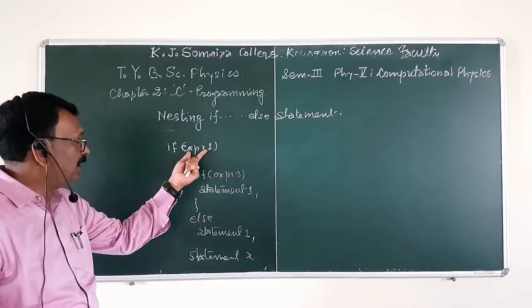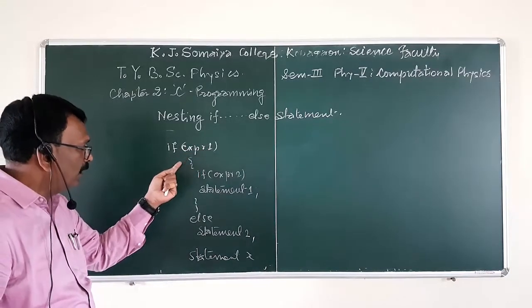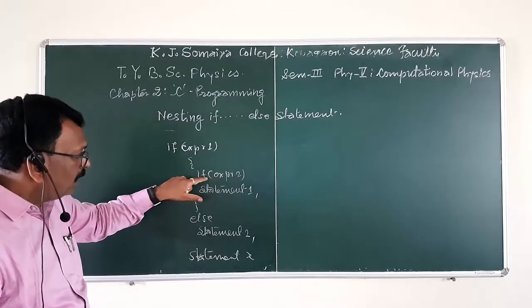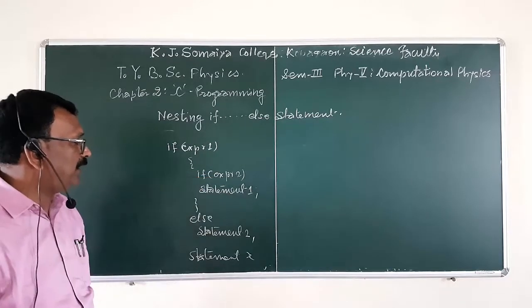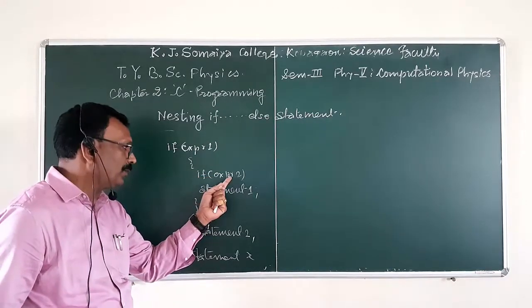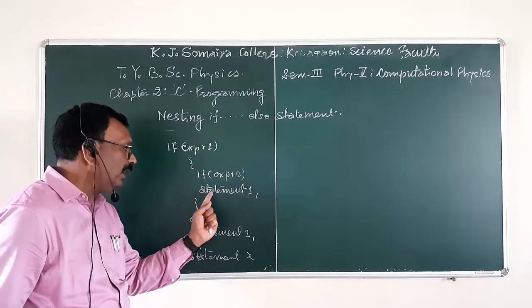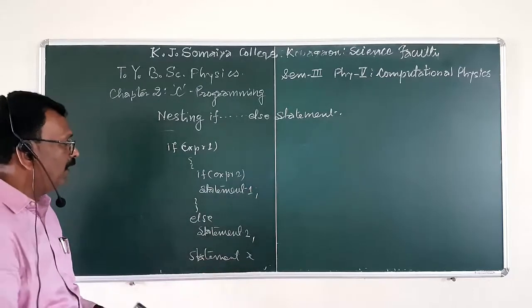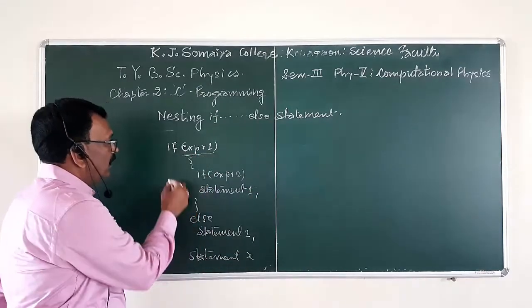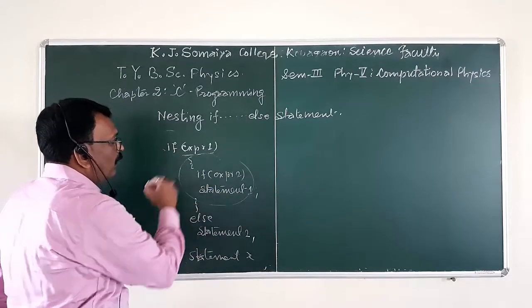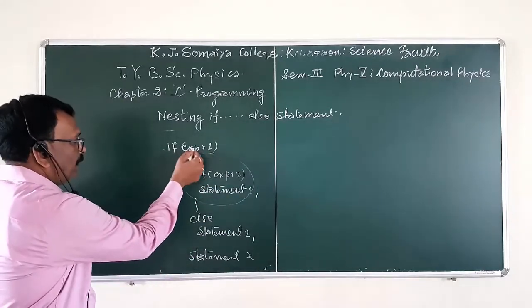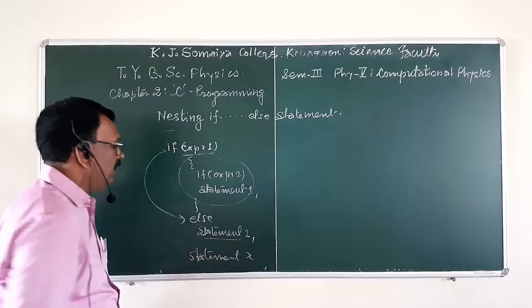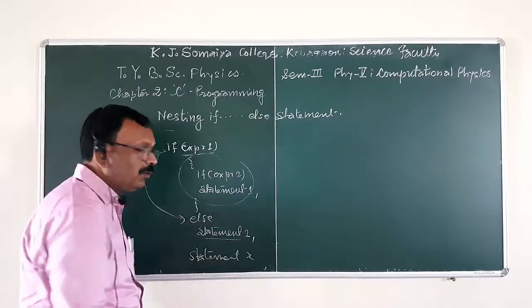When the expression condition is true, control enters the outer if body, and then again checks the inner if statement. If the expression condition of the inner if statement is true, then statement 1 is executed and then control transfers to the next statement. When the condition is false, this body is skipped and control comes to the else statement, and statement 2 is executed and control transfers to statement x.